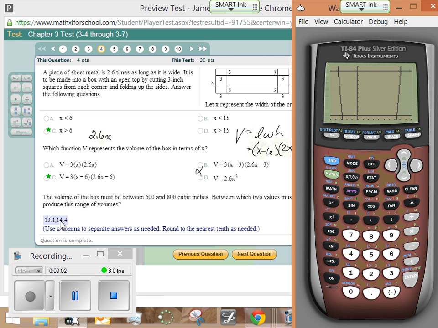Now the 2 points that they're asking for, the two x values that are going to keep the volume between those two things, are this x value here and the x value of this intersection here. So we've got to find those. If I go to second, calc, intersect, and locate those points.